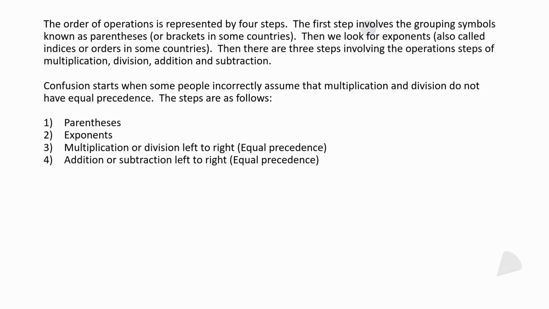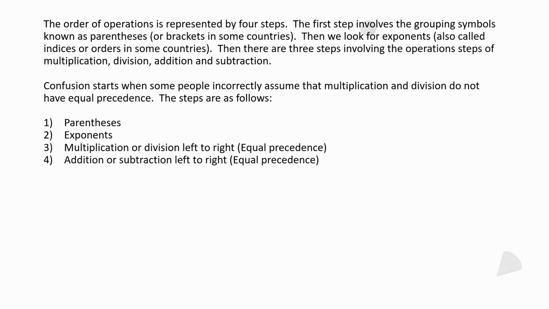Then there are the steps involving the operations. There's some confusion that starts when some people incorrectly assume that multiplication and division do not have equal precedence. The 4 steps that I'm talking about are number 1, parentheses, number 2, exponents.